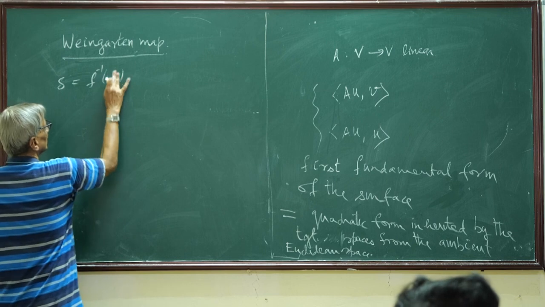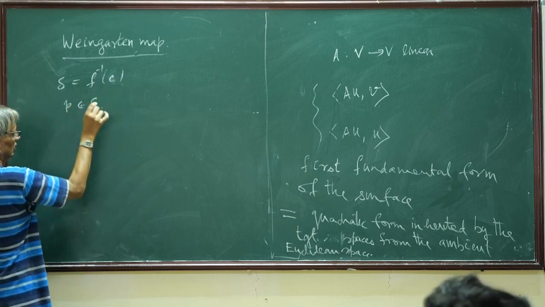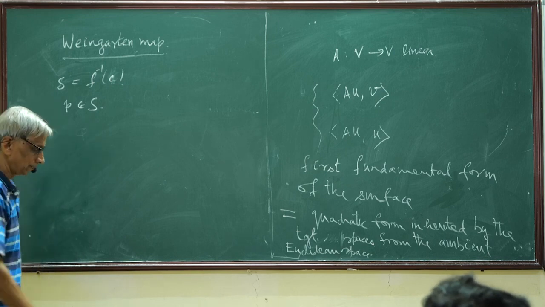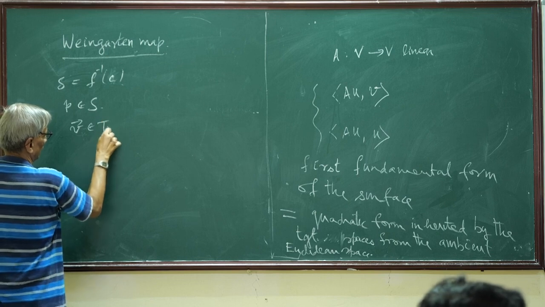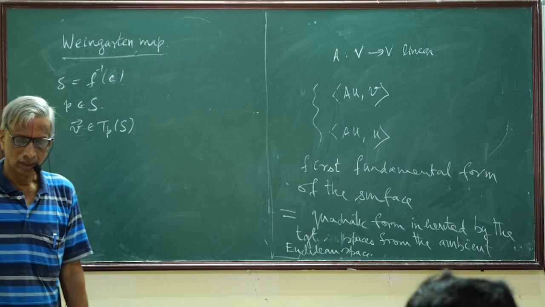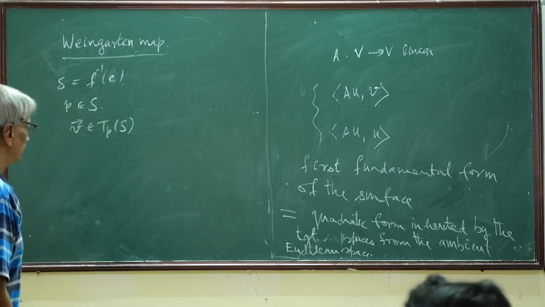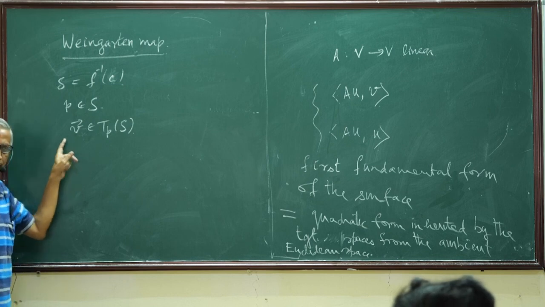P is a point on the surface, and V is a tangent vector at P. So this means what?